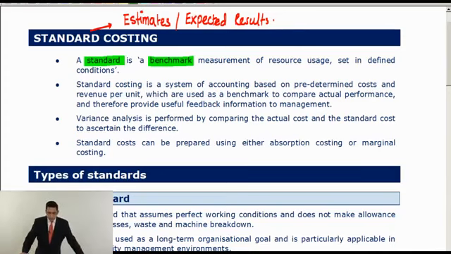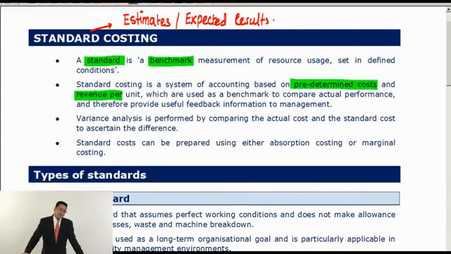Okay. Standard costing is a system of accounting based on predetermined costs and predetermined revenues. Predetermined means expected. We calculate in advance before anything has actually happened. And why do we do it? Because they are used as a benchmark or target to compare the actual performance with the expected performance.